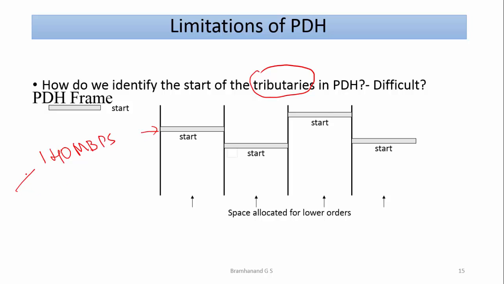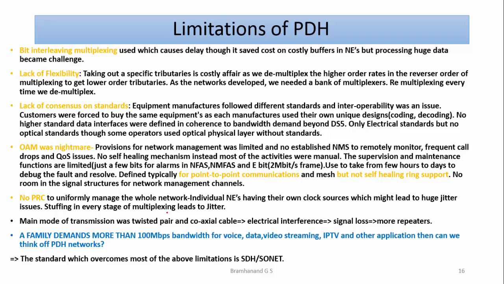I can know the beginning of the 140 Mbps frame, but within which, if my 2 Mbps signal is being transmitted, I cannot know the beginning of that frame unless I demultiplex 140 Mbps to 34 Mbps to 8 Mbps to 2 Mbps. I would not know where my tributary is. So this is the biggest drawback of PDH.